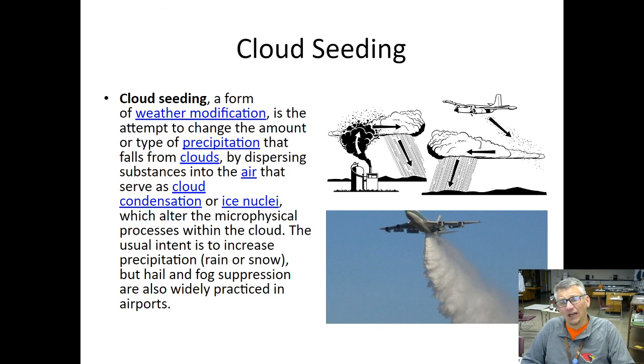And cloud seeding. Cloud seeding happens more than we know, and it is a type of weather modification. And what happens is, in places like Texas or some places where there might be a drought, you may pay someone to go up in a plane and release larger condensation nuclei into the air with that idea that a little bit of condensation will happen to it, and that moisture will then drop down on your land as compared to someone else's land.